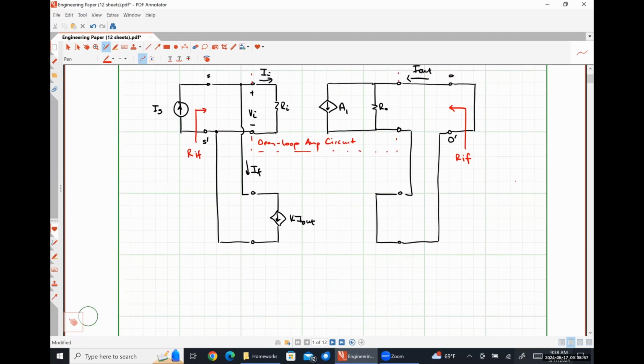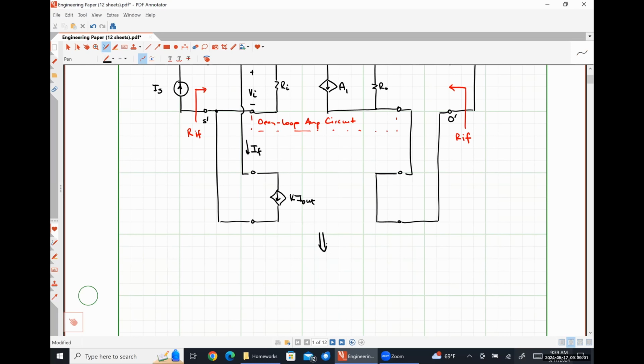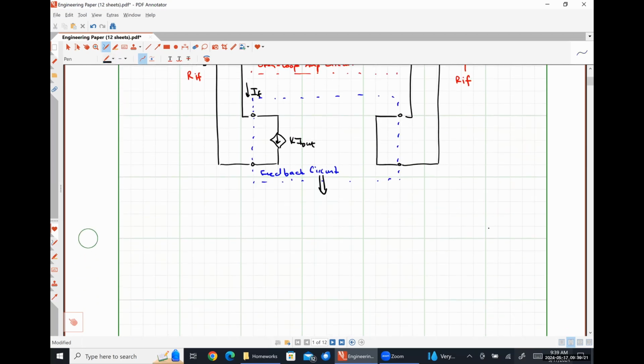So simplified down to lump the feedback into our network. That box is our feedback circuit. So a simplified representation of this would be something pretty simple.